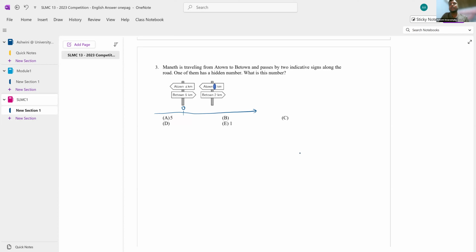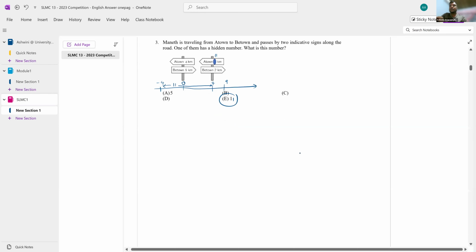I can see here B town is 9 kilometers and here B town is 2 kilometers. So this is 9 kilometers and that must be 7. And A town is 4 kilometers to the other side. So by this representation, this should be -4, which means I just have to compute this distance. And that would be 11. So this would be 11.